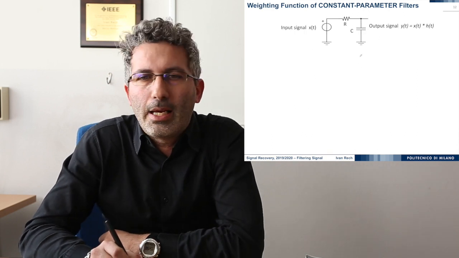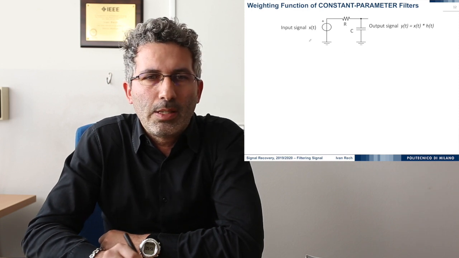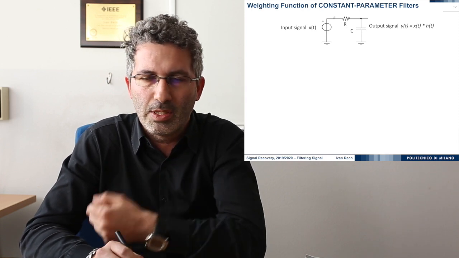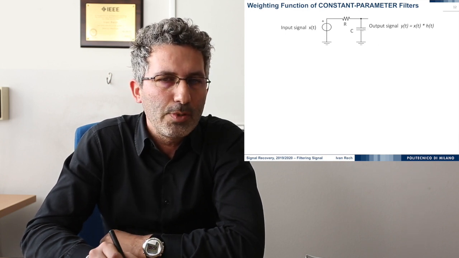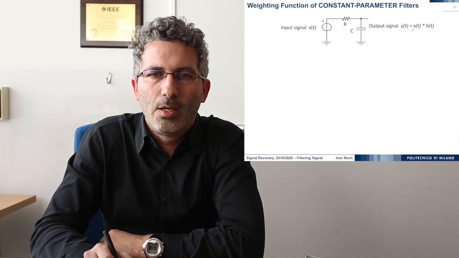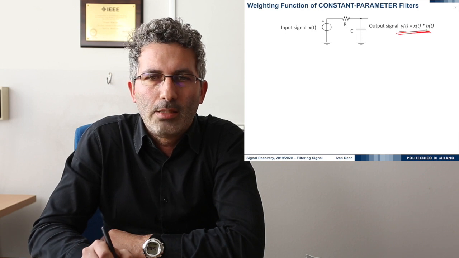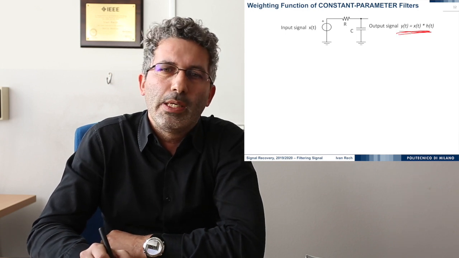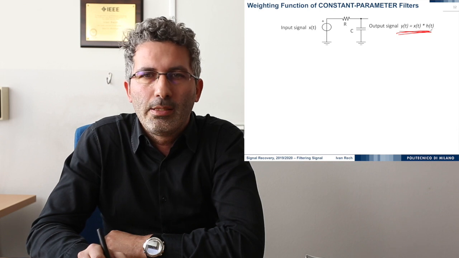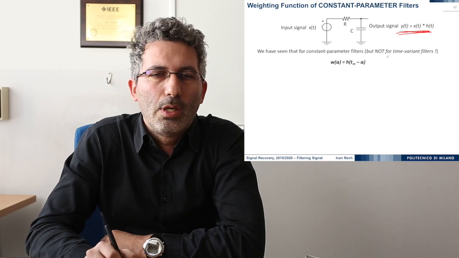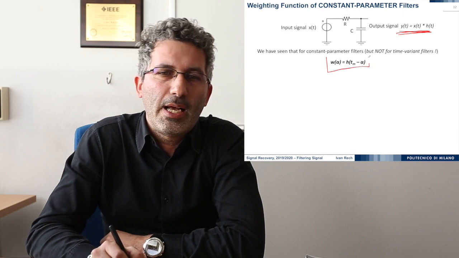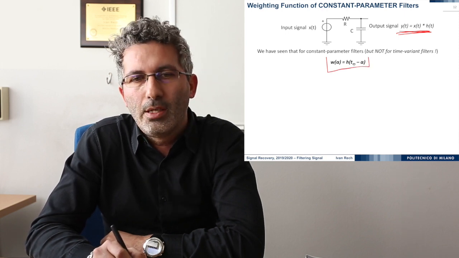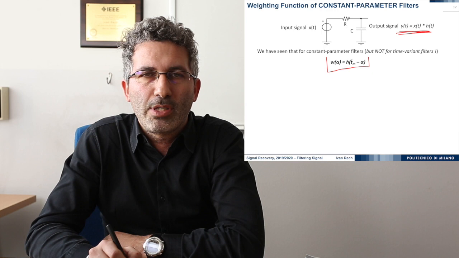So let's go on and have a deeper insight into the weighting function. You perfectly know that the output signal of the low-pass filter, as we saw, is the convolution between the input and the delta response. So we define the weighting function as h of Tm minus alpha.